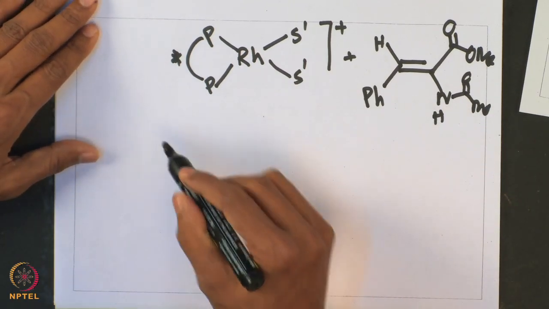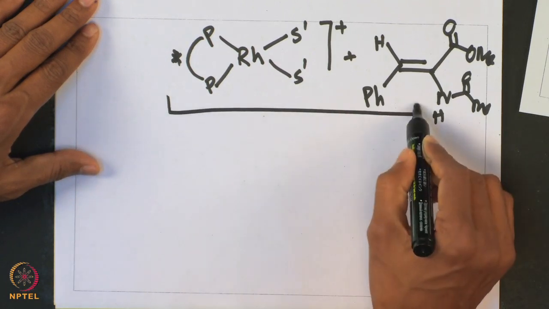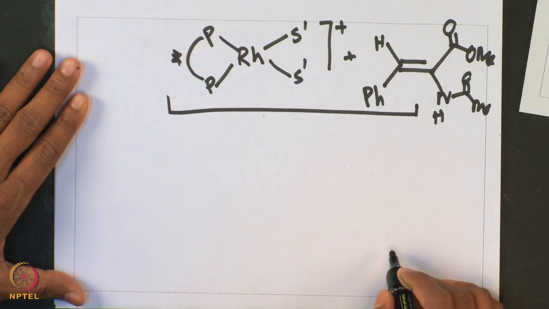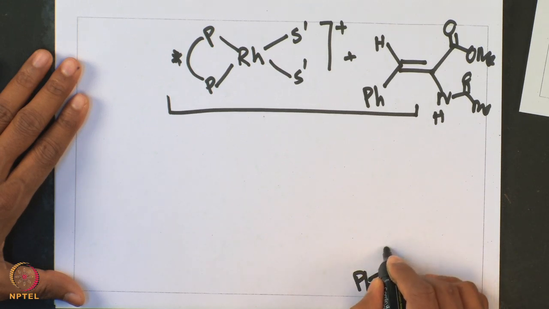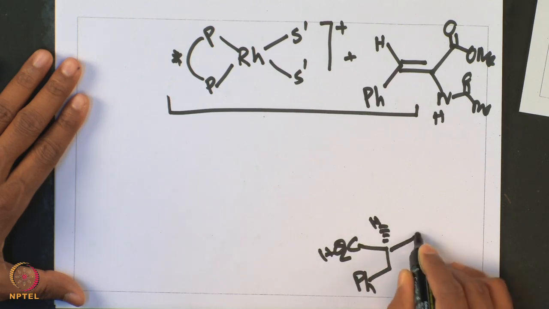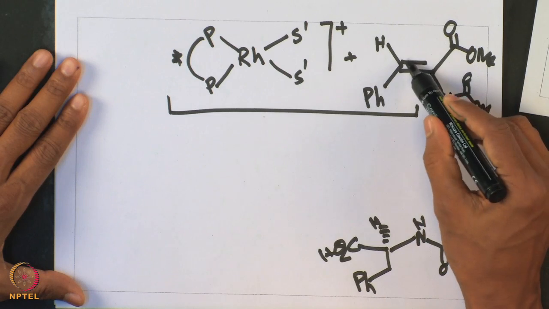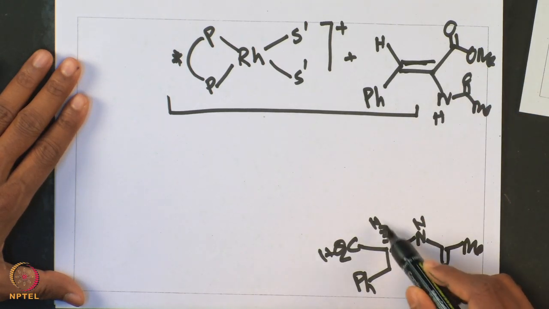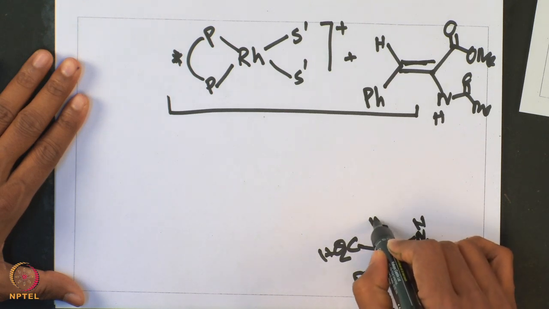Now, in this particular case, as we have drawn, we are getting overall the final product as the S product, right. So, the product from the hydrogenation of these reactions that we are getting is the S product that I am trying to draw in here, with NHCOMe. So, essentially this olefin double bond is now getting hydrogenated. One of the hydrides is coming over here, another hydride is coming over there.